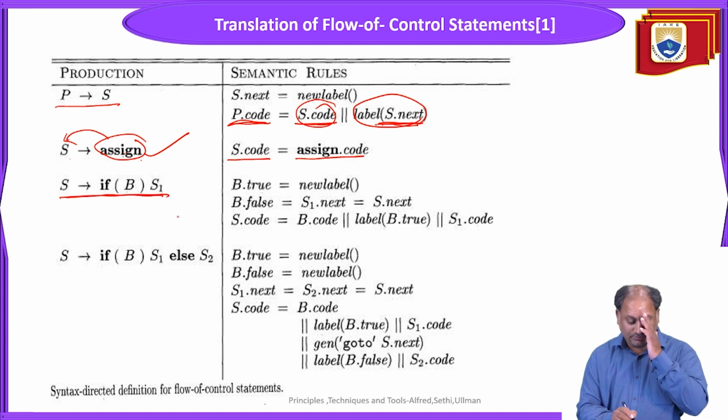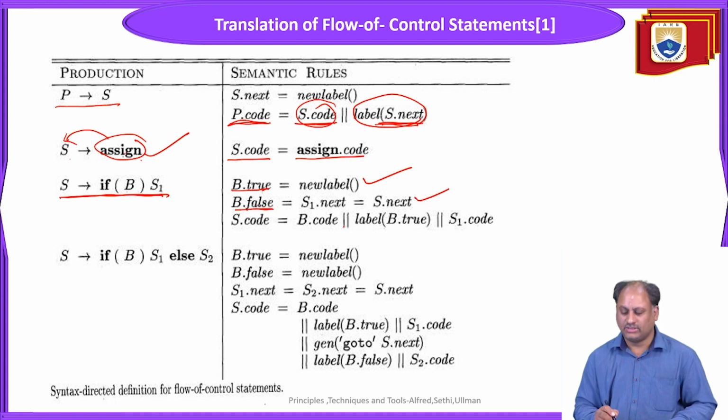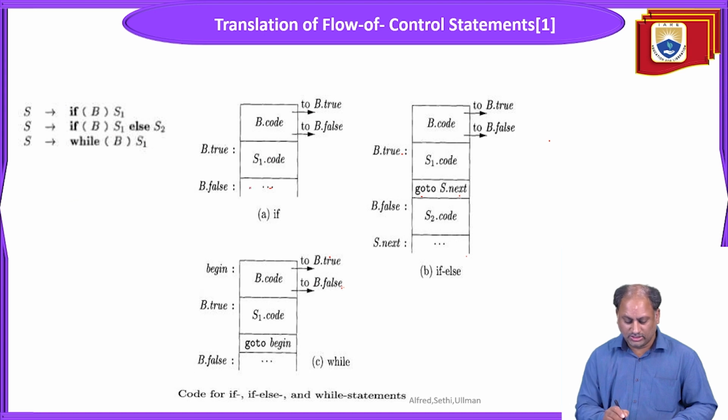S derives if B S1. Now, first initially a label has to be created with true, and false is to be created with S1 dot next. So in the previous slide, here S1 dot next, we are getting B dot false. So that is true, so here a true label is to be created.